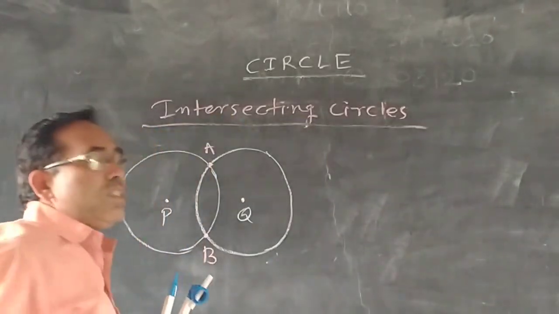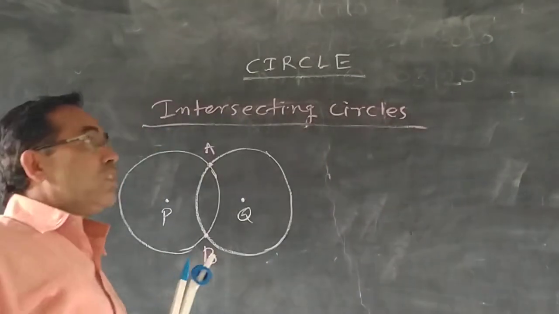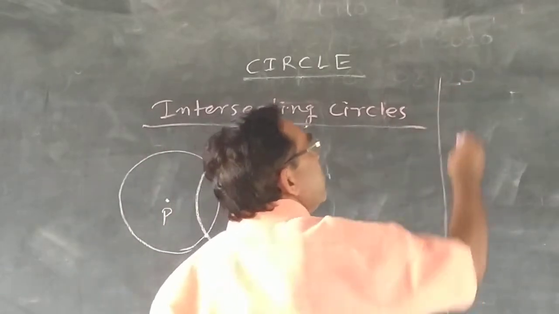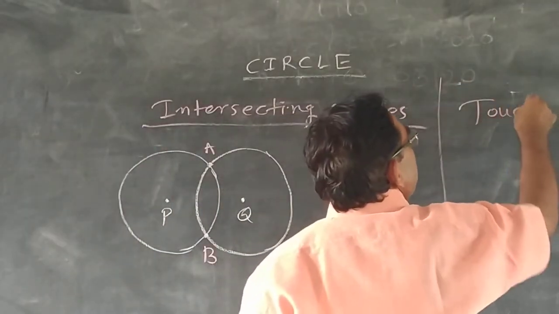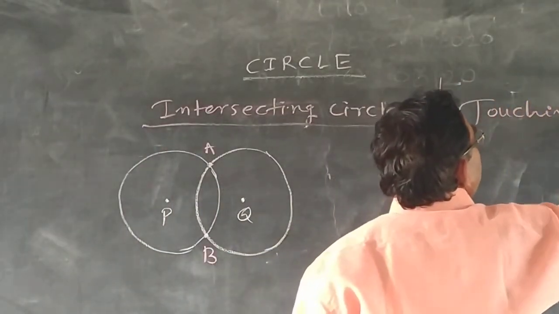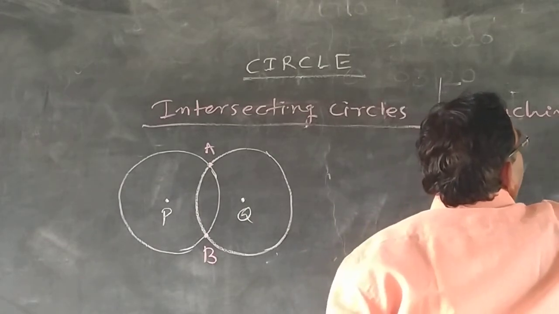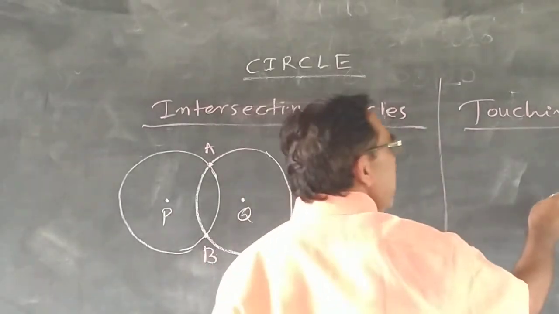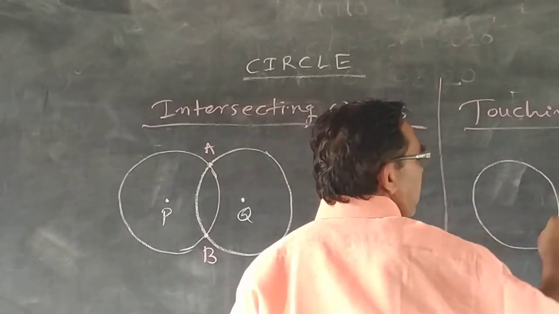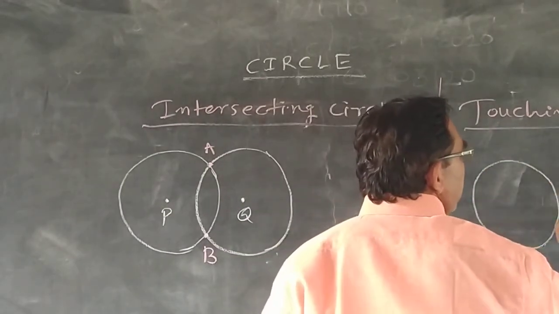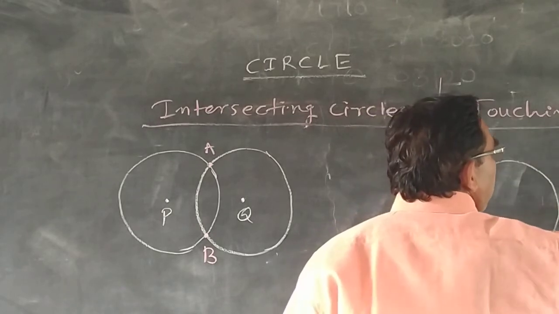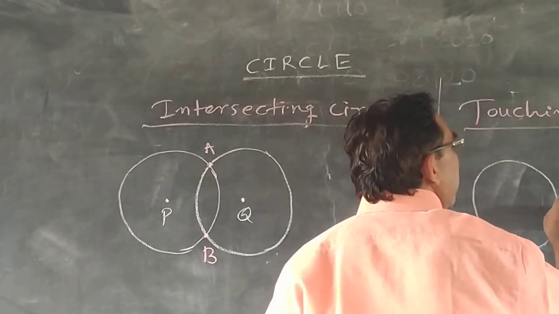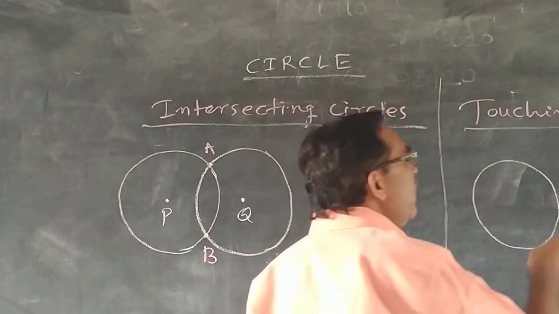Again another term we see: touching circles. How are touching circles? This is one circle, this is another circle. They intersect each other at only one point.